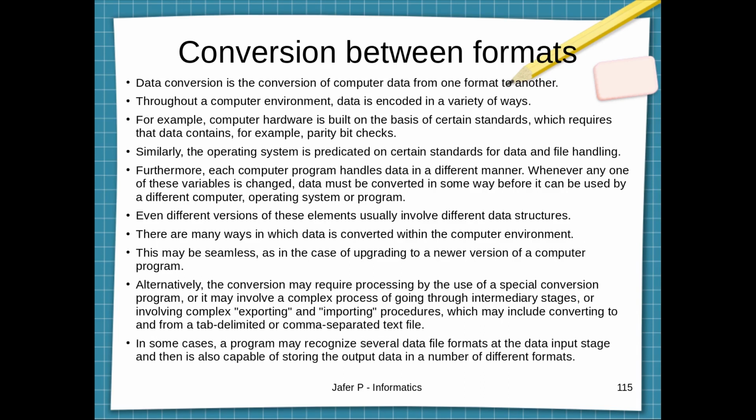In some cases, a program may recognize several data file formats at the data input stage and is also capable of storing the output data in a number of different formats.